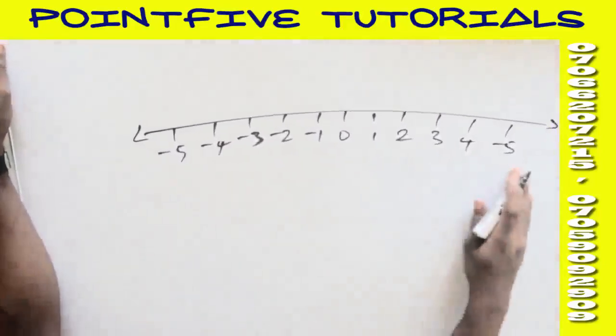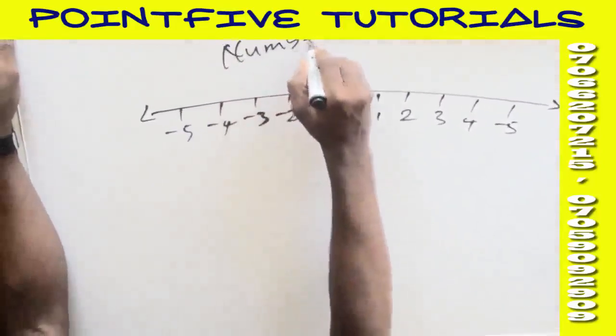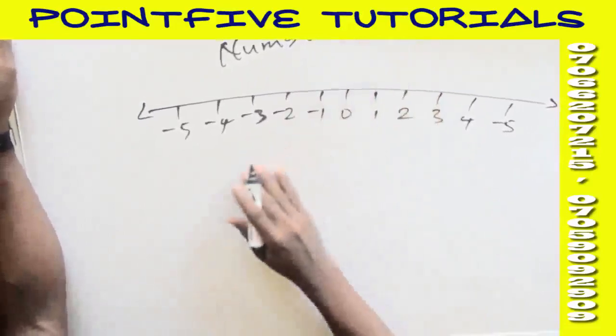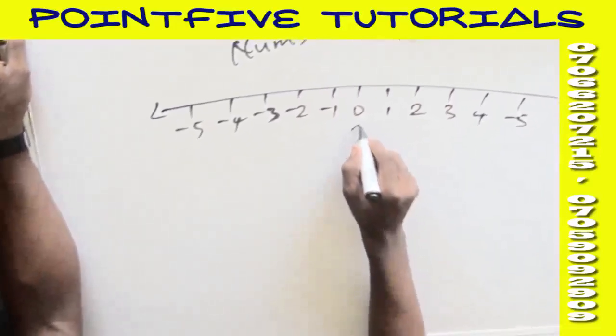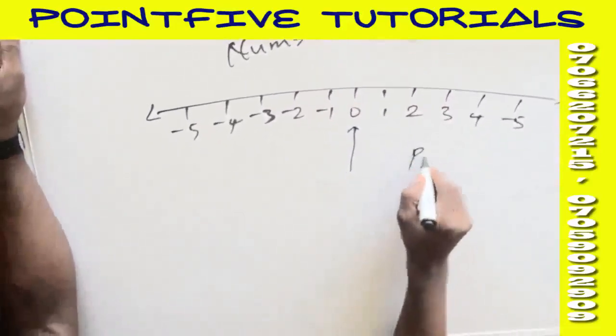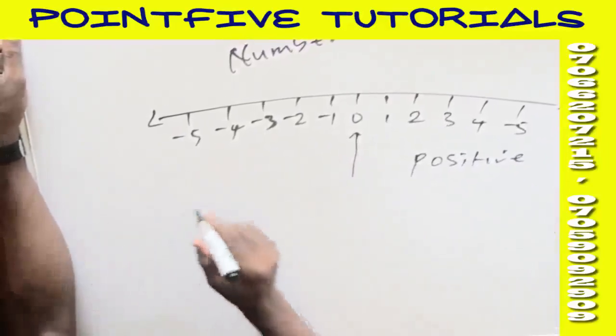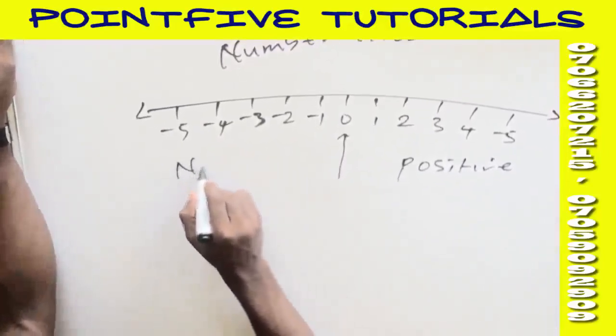This is a number line. Since this is a number line, 0 is the center. Anything after 0, at the right of 0, is positive. Numbers before 0, at the left of 0, are negative.